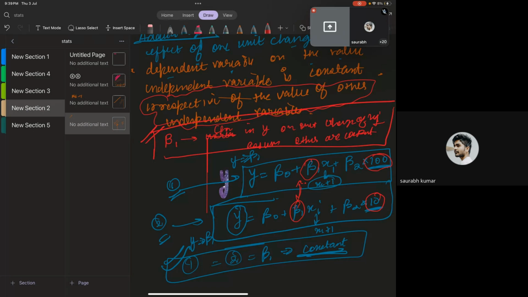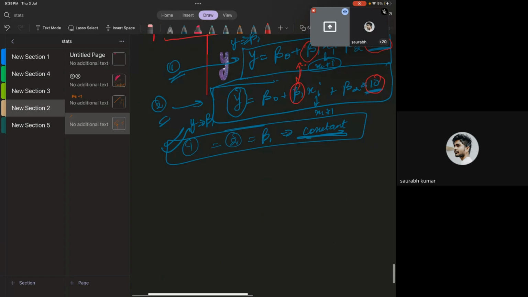Otherwise, what will happen, everyone? It will affect the interpretability. Definitely, it will affect interpretability. If you are not following this assumption, then you are saying that my beta naught, beta 1, beta 2 until beta k, if there are k independent features, will change depending on the value of others.